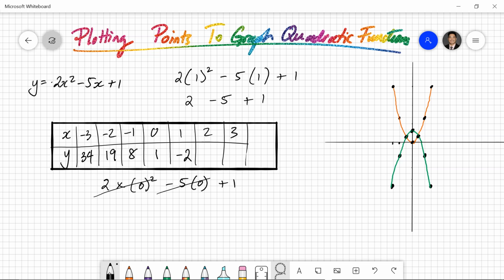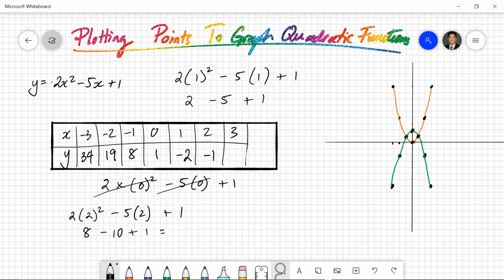So let's substitute positive 2. So 2 times 2 squared minus 5 times 2 plus 1. We have 2 squared is 4, 8. 8 minus 10 plus 1 is equal to negative 1. Okay.